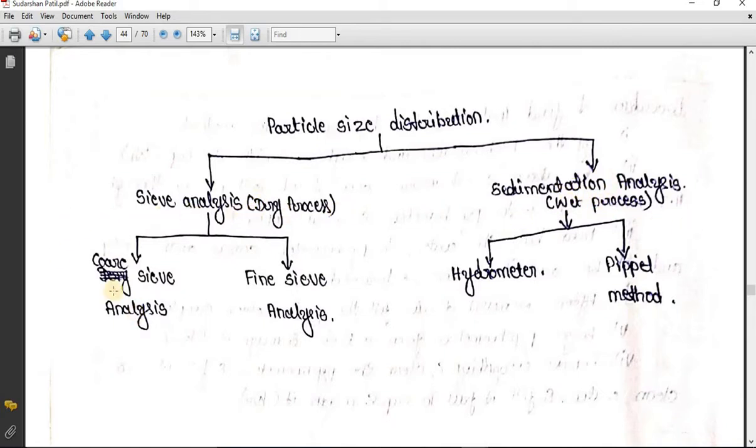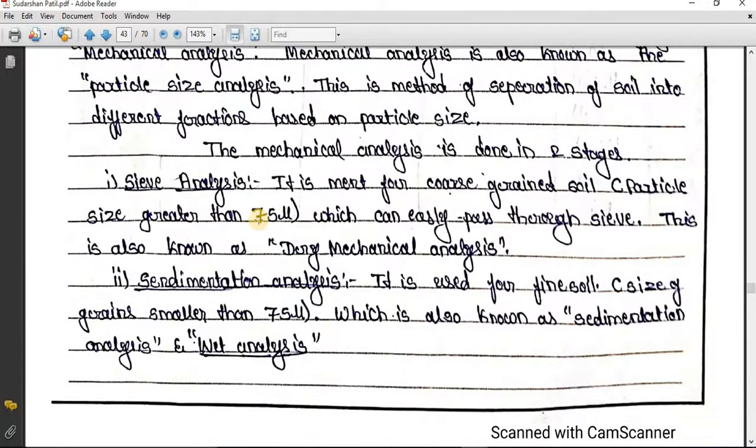In the dry process, I can perform coarse sieve analysis and fine sieve analysis. In wet analysis, I can perform hydrometer analysis and the pipette method. So you can see there are two steps in sieve analysis, that is dry analysis. Why is it so? Because this particular sieve analysis is carried out when the particle size is greater than 75 micron.